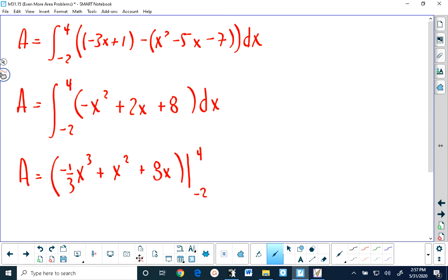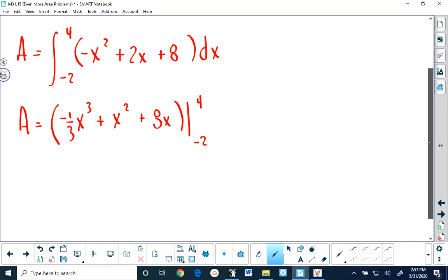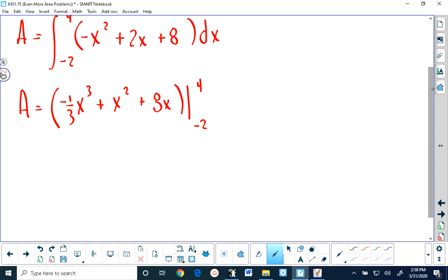You'll notice this time I didn't factor the negative 1 out. You certainly could factor the negative 1 out, but it's a preference. At this point, I suppose you could check your work by differentiating your answer there and seeing if you get negative x squared plus 2x plus 8, and you do. So our area will be negative 1/3 multiplied by 4 cubed plus 4 squared plus 8 times 4.